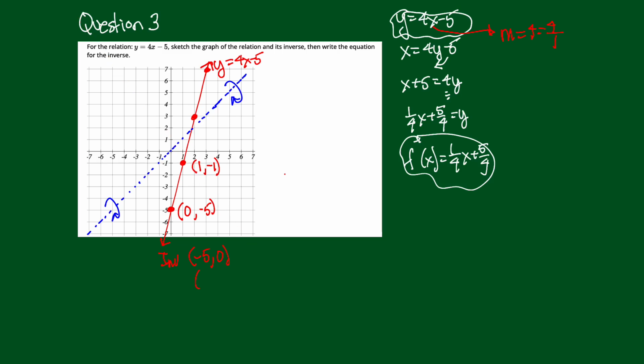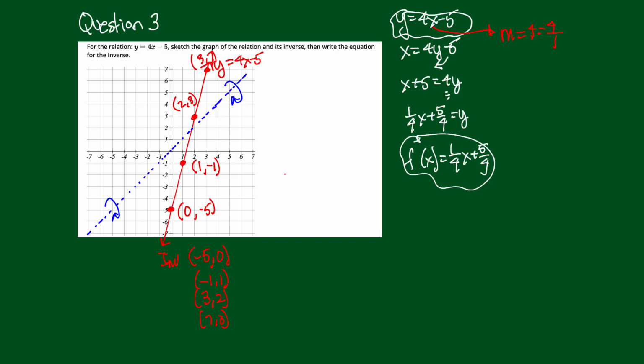That means that negative 1 and 1, that's on the inverse. This point up here is 2 and 3. That means that, interchange them, 3 and 2 is on the inverse. And this one up at the top is 3, 7. That means that 7, 3 is on the inverse. Let's just plot those points.